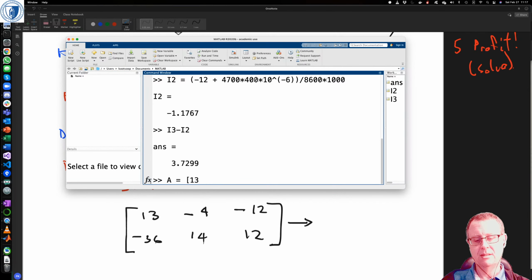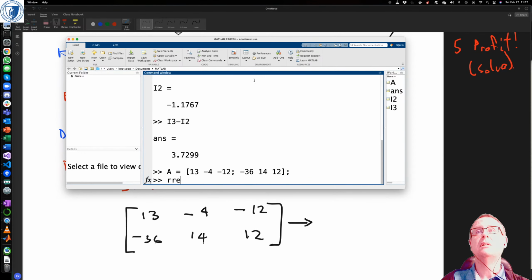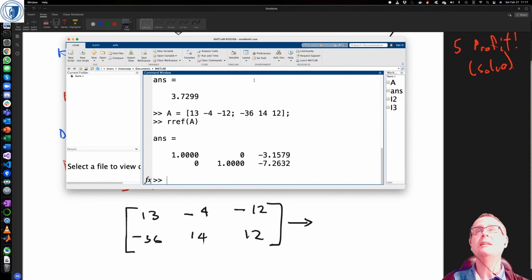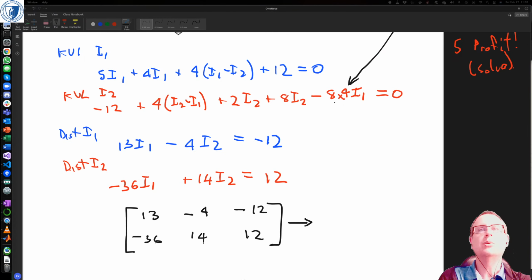It's 13, minus 4, minus 12, minus 36, 14, 12, and then RREF of A. It's always good to check that you get the identity matrix in the first part of the equation. And then we've got minus 3.158 and 7.263 to 4 significant figures.